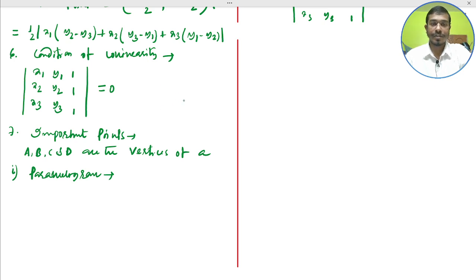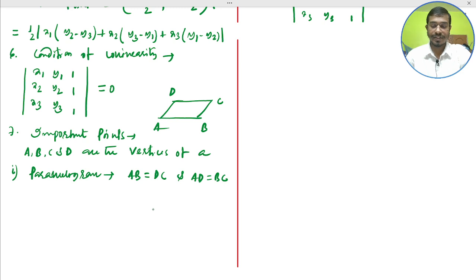Suppose A, B, C and D. Opposite sides means AB equal to DC and AD equal to BC.